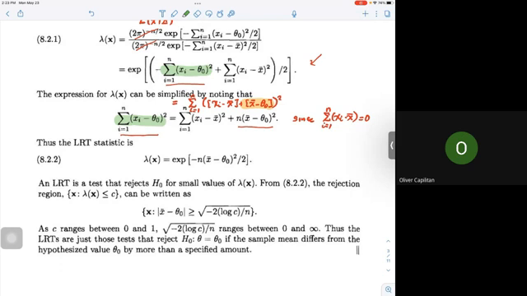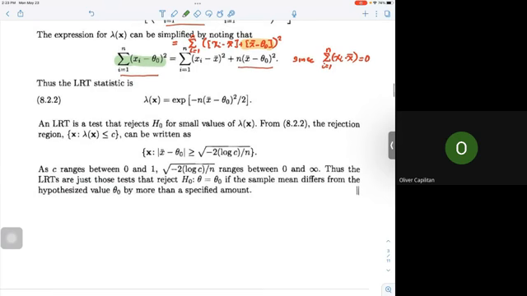Now we are going to determine the rejection region of our test. Our rejection region is the set of all sample points, bold small x, such that lambda of x is less than or equal to c, where c has a value between 0 and 1 inclusive.